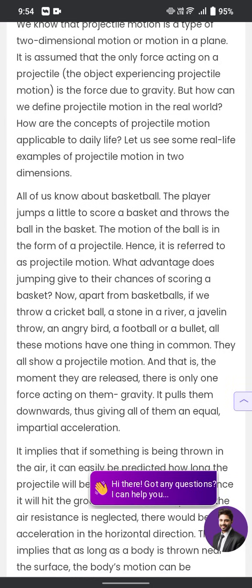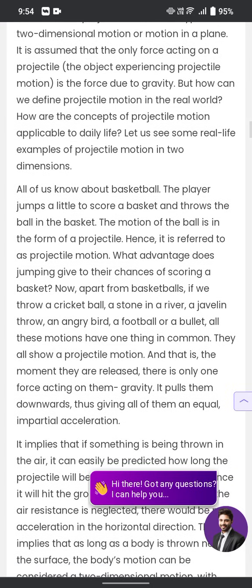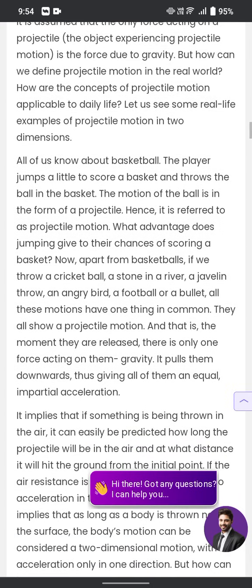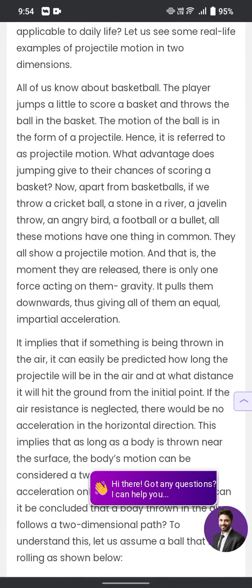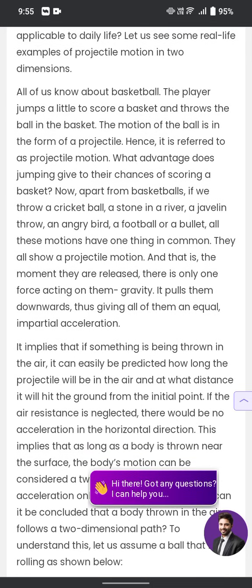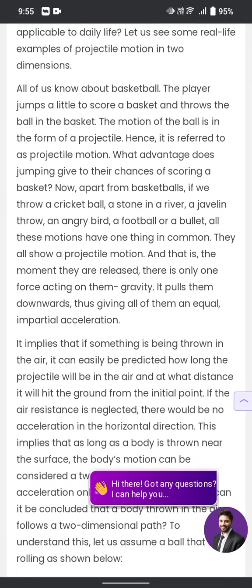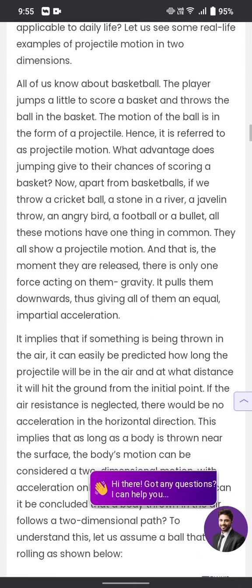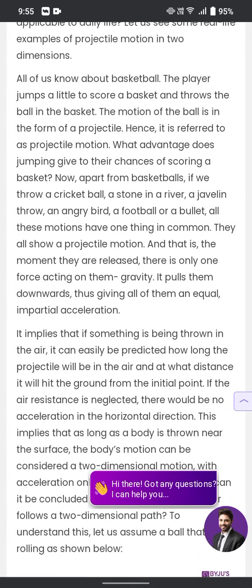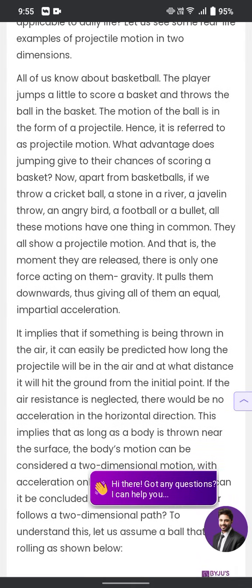Let us see some real-life examples of projectile motion in two dimensions. All of us know about basketball. The player jumps a little to score a basket and throws the ball in the basket. The motion of the ball is in the form of a projectile. Hence, it is referred to as projectile motion.